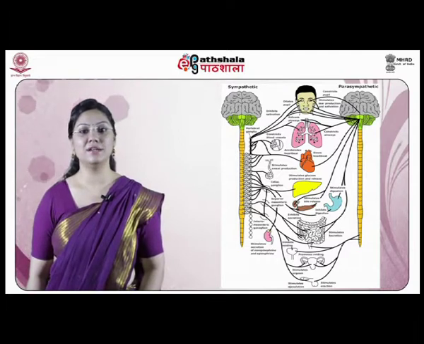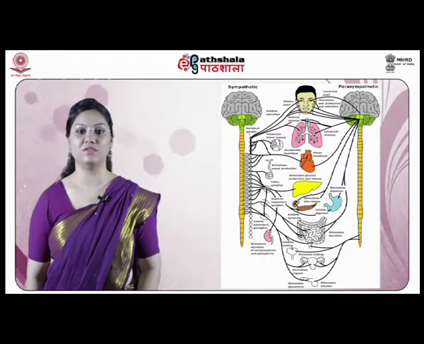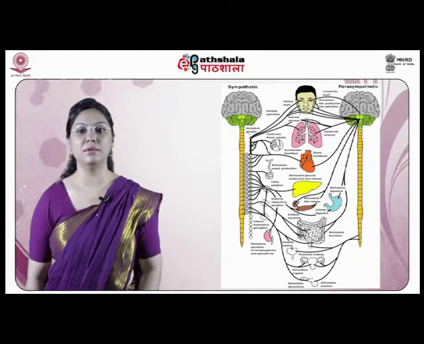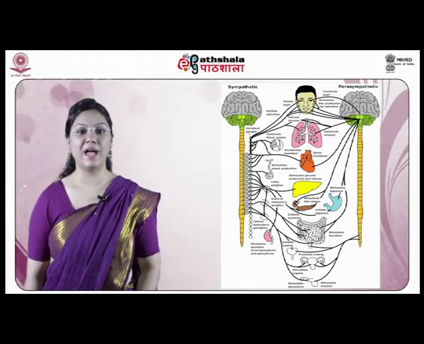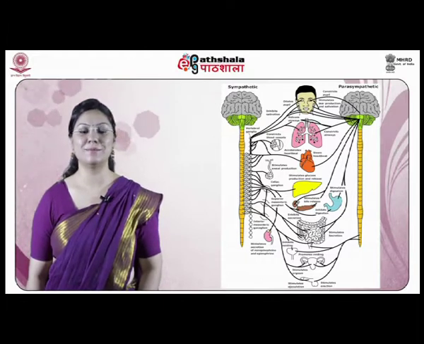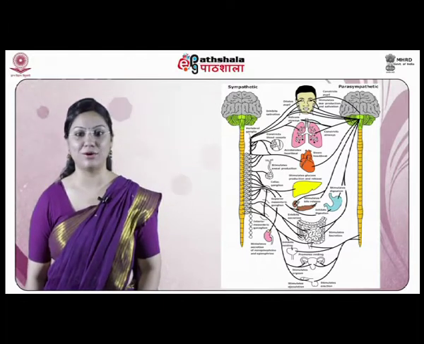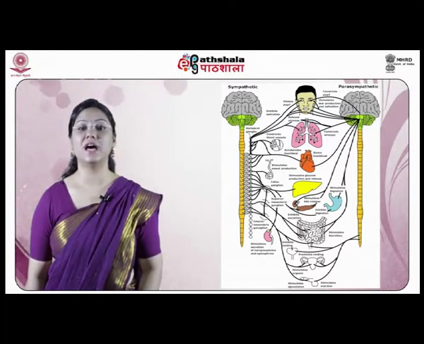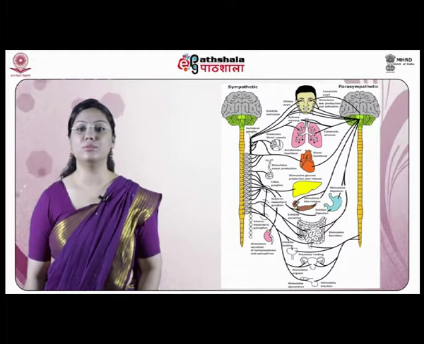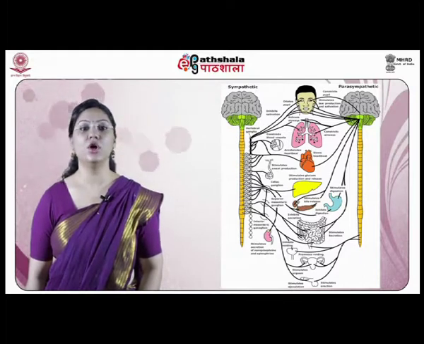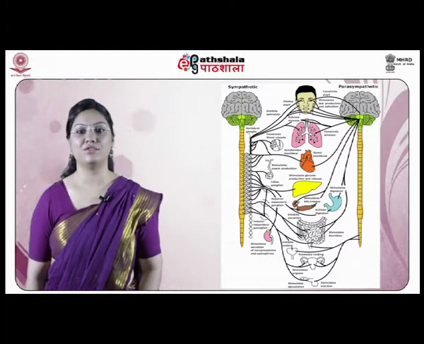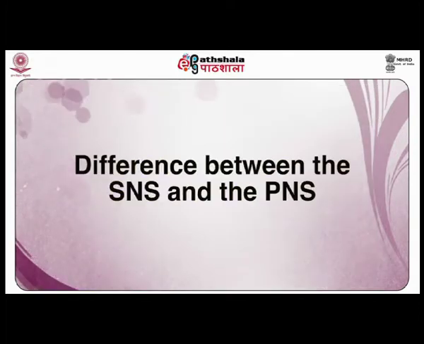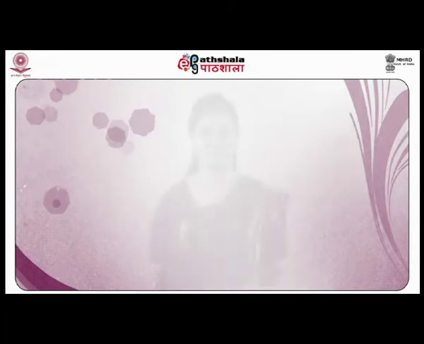The sympathetic nerves are those motor nerves of the ANS that project from the CNS in the lumbar, small of the back, and thoracic, chest, regions of the spinal cord. And the parasympathetic nerves are those that project from the brain and the sacral, lower back, region of the spinal cord. Difference between the SNS and the PNS.